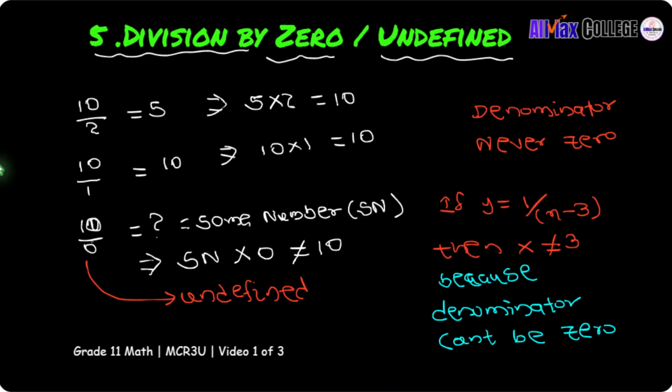This is the denominator. Denominator can't be 0. We were talking about undefined.